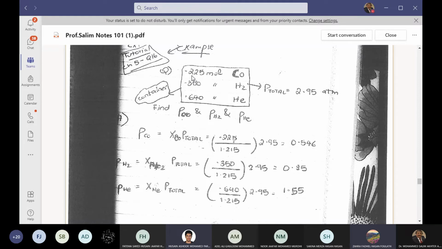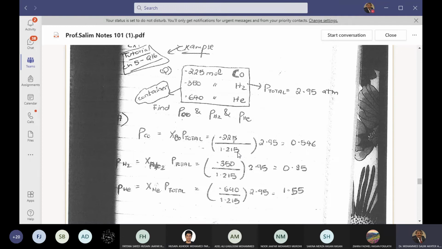Doctor, I get the total correct, 2.95. Okay, number one, are these three numbers correct? As Brother Muhammad is saying, is this number correct? 1, 2, 3. This is 1.215. Yes, okay, so it's correct.